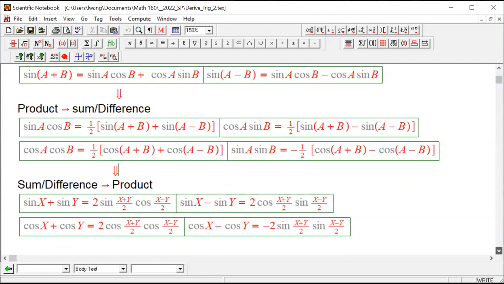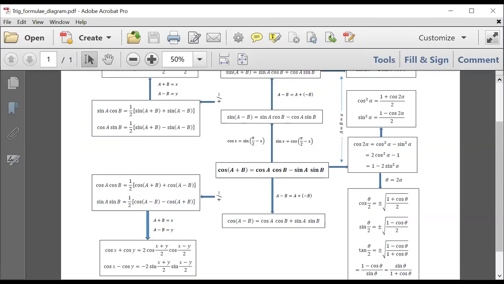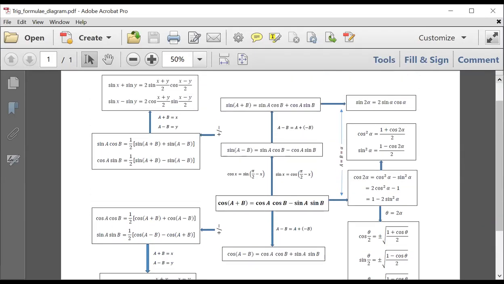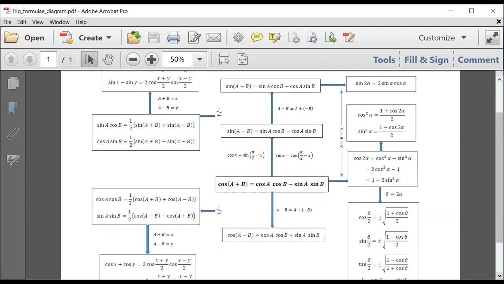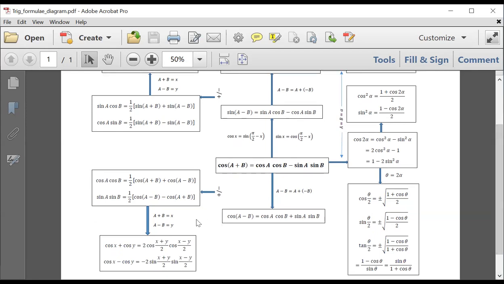All of these formulas are needed from time to time in your future classes. So now let's look back at our diagram. We are done on the entire left side. I would highly recommend each one of you do this all by yourself.